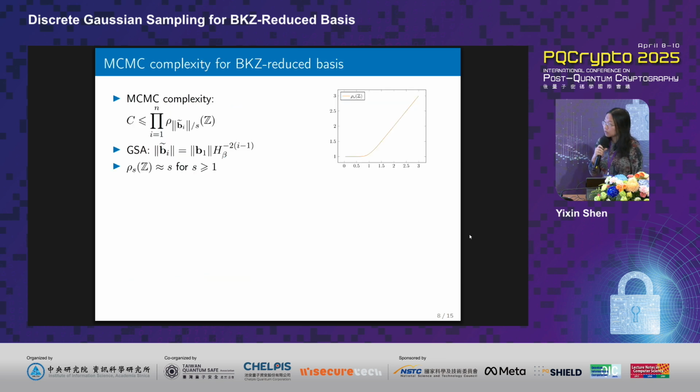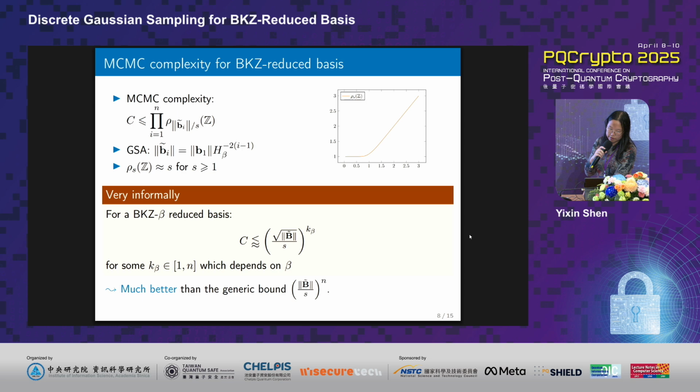Now let's see what it will give us for the MCMC complexity when we assume that the basis is BKZ reduced. Let's look at this product term again. Now we will replace all the Bi tilde by its expression given by the GSA assumption. And we also use the fact that rho S of Z should be almost equal to S for S larger than 1. So for all these terms in the product, we only keep those i's such that the norm of Bi tilde divided by S is larger than 1.